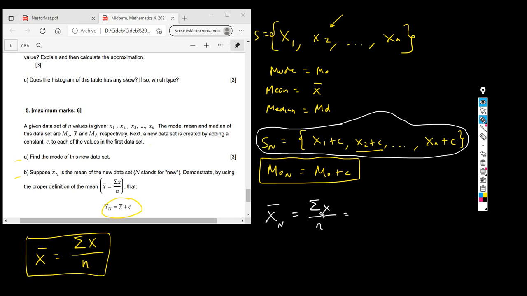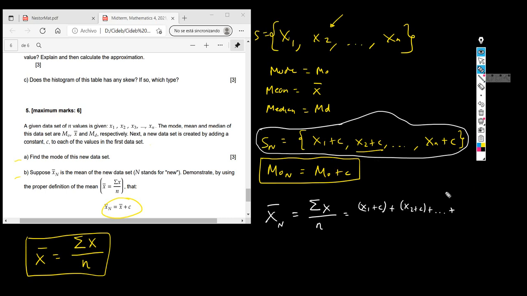Now let's replace this. What is the sum of all the values? Well, it's going to be x1 plus c, that's the first value in the data set, plus the second value, plus etc. up until the very last one, over the number of values that we have, which is also n.